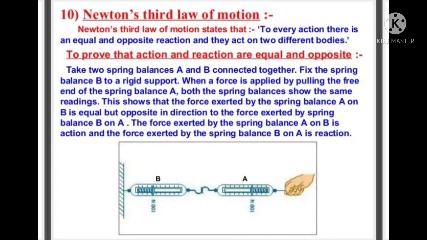When a force is applied by pulling the free end of the spring balance A, if the spring balances show the same readings, this shows that the force exerted by spring balance A on B is equal but opposite in direction to the force exerted by spring balance B on A. The force exerted by spring balance A on B is action, and the force exerted by spring balance B on A is reaction.